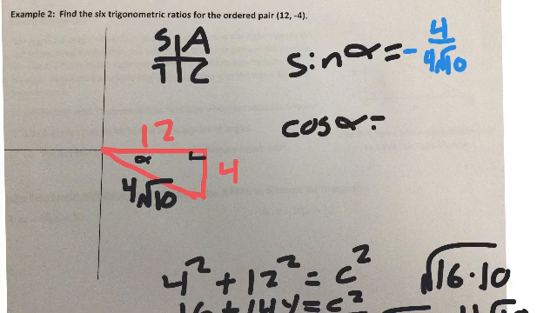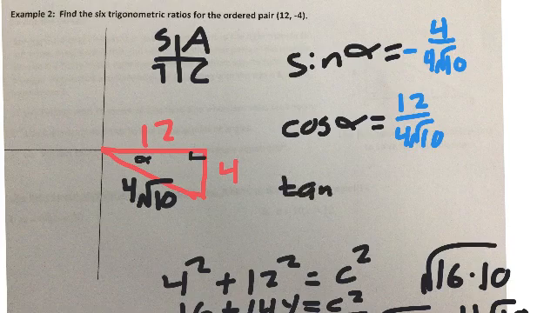Cosine of our angle alpha is going to be positive because I'm in the fourth quadrant. It's the adjacent over the hypotenuse, so that would be 12 over 4 radical 10. Tangent of my angle alpha is the opposite. It's going to be negative, and it's the opposite over the adjacent.